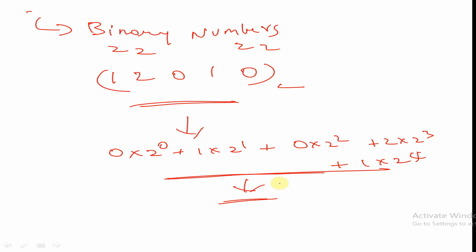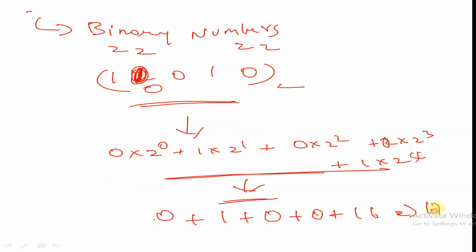But in binary, 2 should not come. In binary, we cannot use 2, so the digit should be less than 2. So it will be 0. The value will be 0 plus 1 plus 0 plus 0 plus 16, which is nothing but 17.